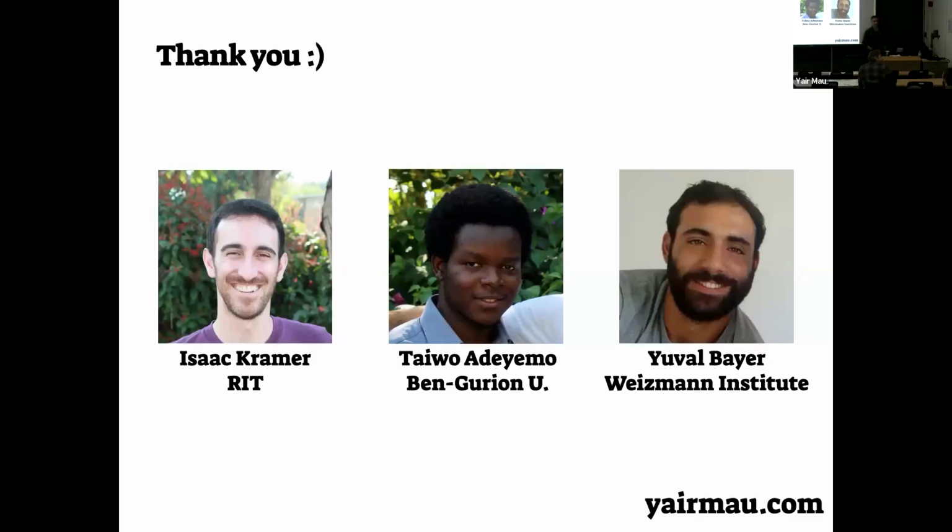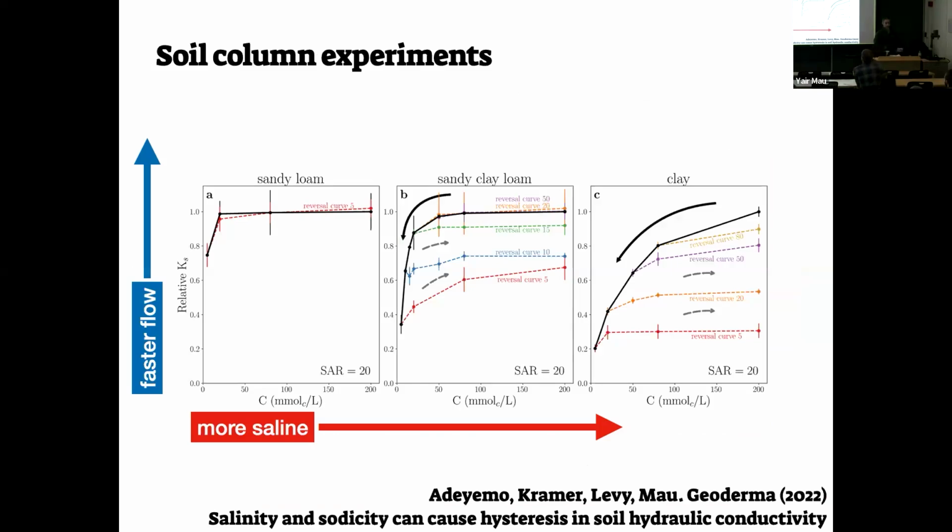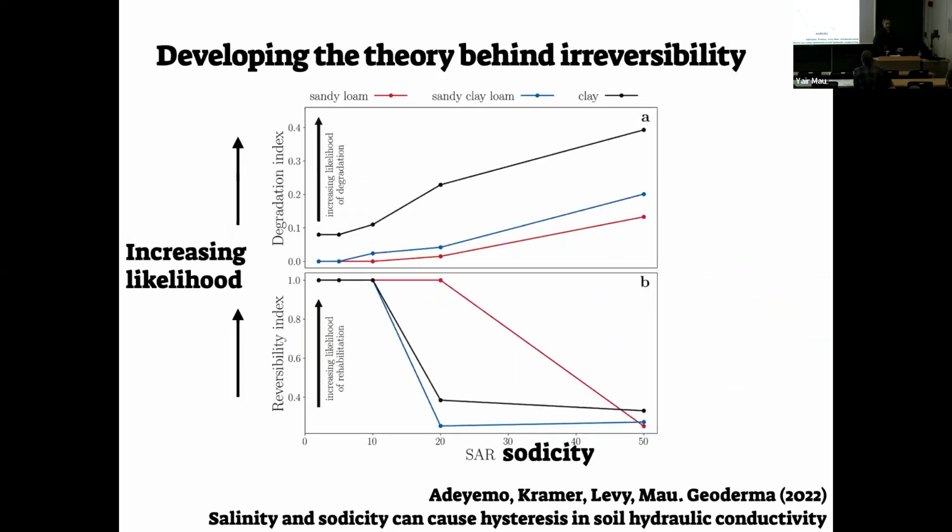Yes. Hey, thank you for the talk. I'm curious about your initial experiment that you showed with the columns and the 3 different soil textures. You pointed out that the recoverability index of the clay soil versus the clay and loam soil was closer than you expected. But I'm curious if you normalized for the cation exchange capacity of the soils or even the clay mineralogy, because it can vary so much.